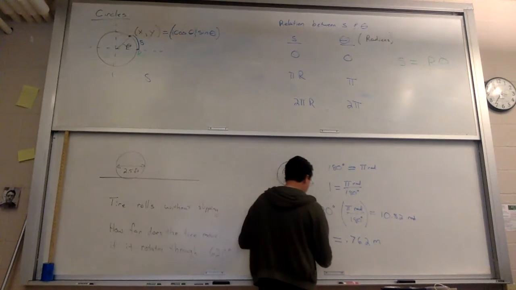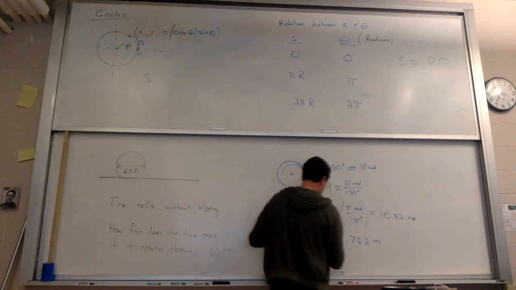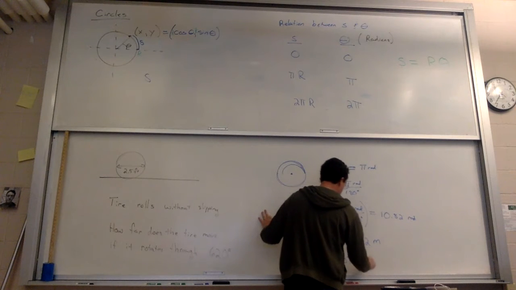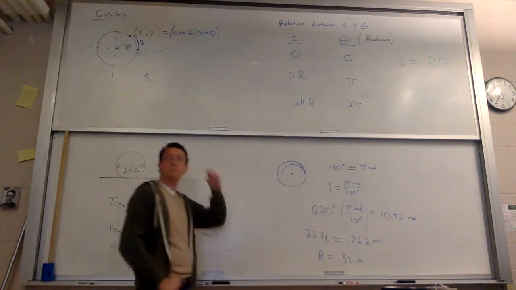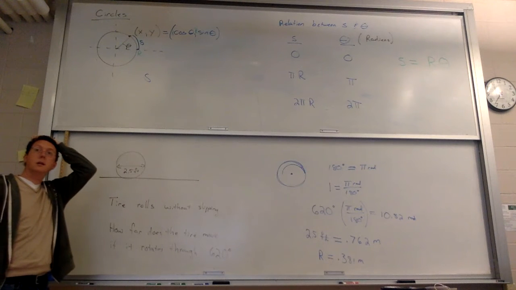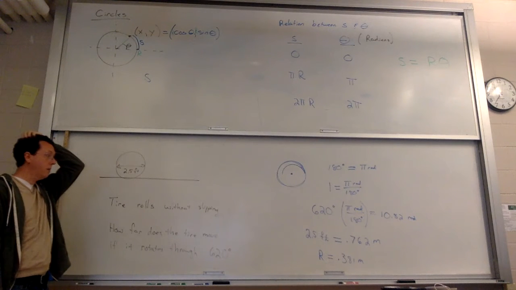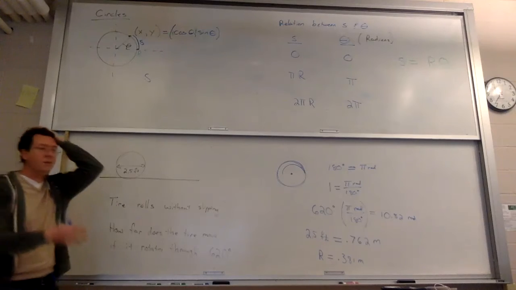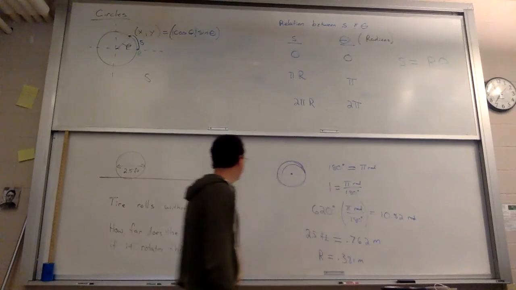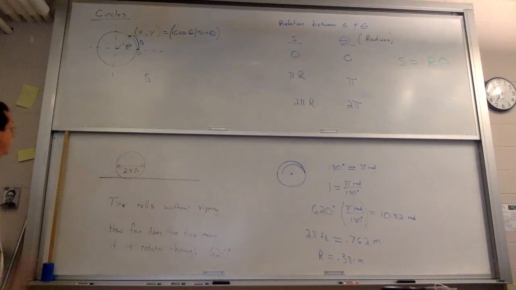So the radius is 0.381 meters. How many people were able to get that? If you only kept 2 digits, that's fine too.